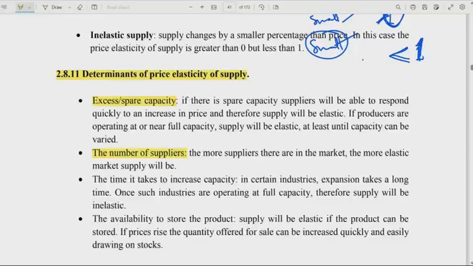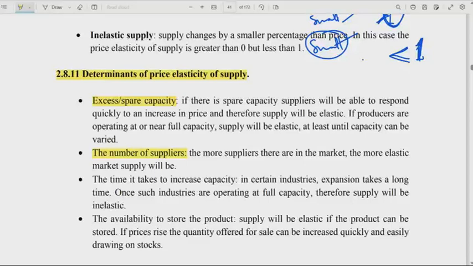If Malawi has few farmers, even if the price goes up, there will not be more maize on the market, because there were few suppliers of that item. So if there are many suppliers, it will be elastic; if there are few, it will not be elastic.